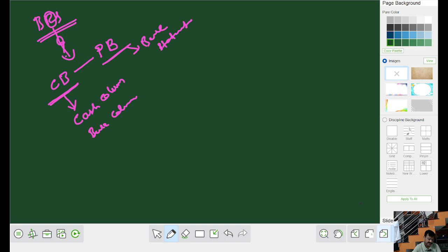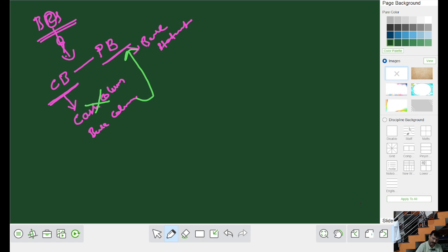Now the thing is, BRS considers which column? Does it consider the cash column or the bank column? Remember, BRS never considers the cash column. It always considers the bank column of the cash book with that of passbook.